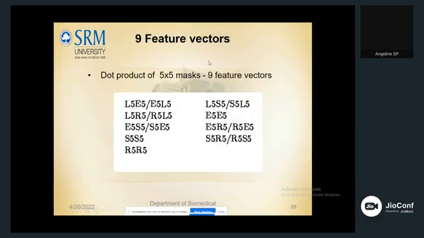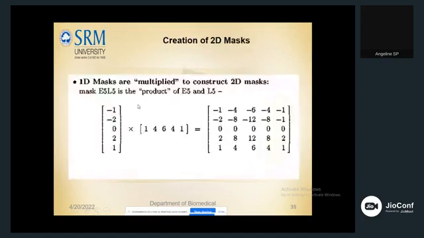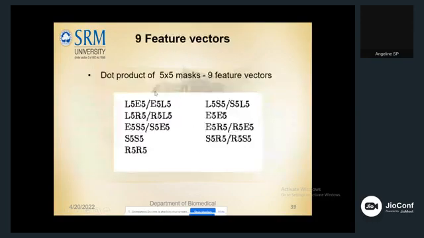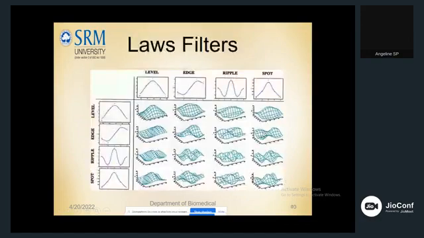Okay, so from this also you can get 9 feature vectors, by combining different combinations of these masks, multiplying and then dividing. Here L5 is multiplied with E5, E5 is multiplied by L5, then I am dividing it with this, finding the ratio. Like this, 9 different feature vectors can be found.